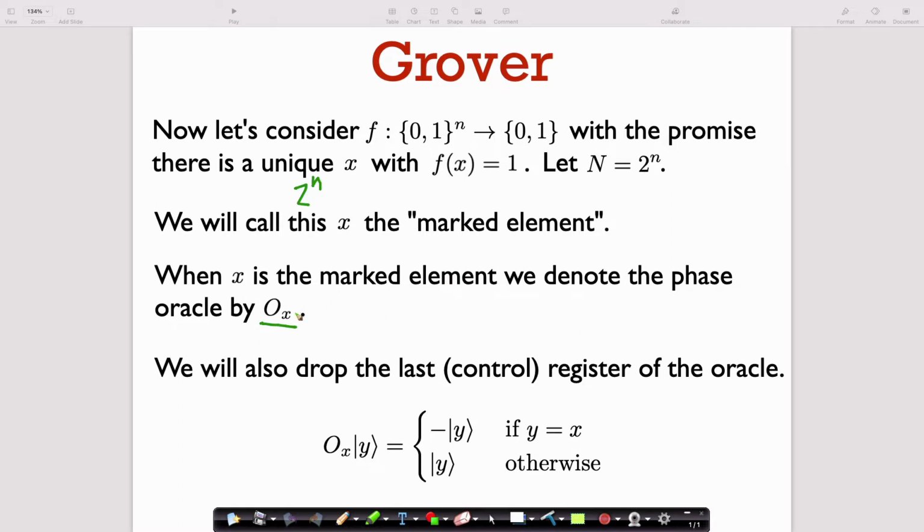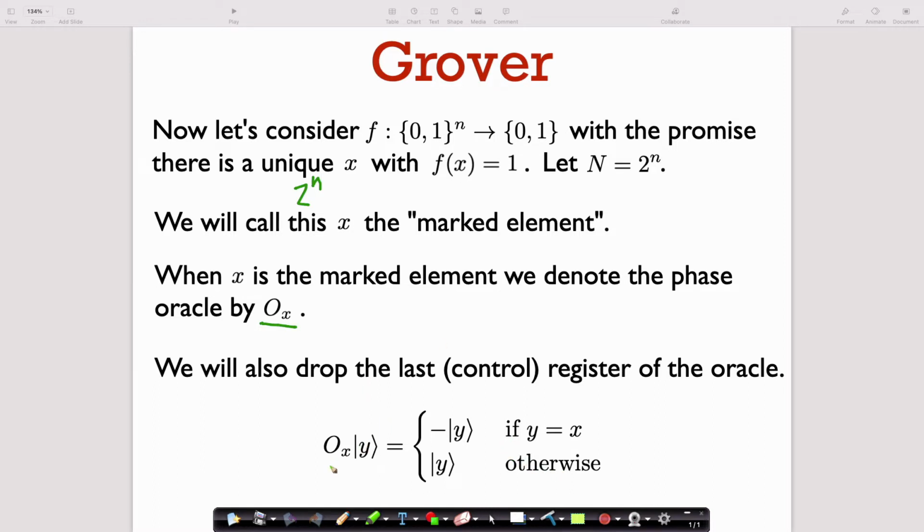And I'm going to work in the phase version of the oracle, and I'm also going to drop the control register. So we have an oracle O_x, which on a basis vector y multiplies the phase by -1 if y is equal to x, and otherwise it does nothing.